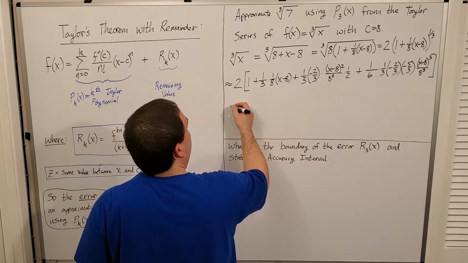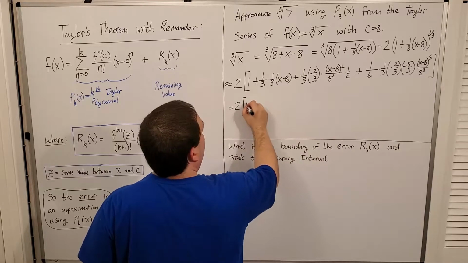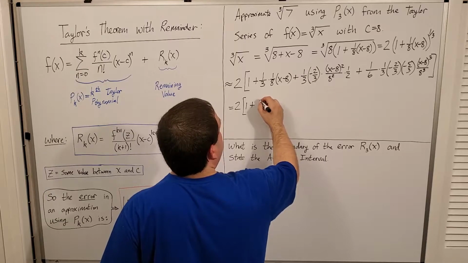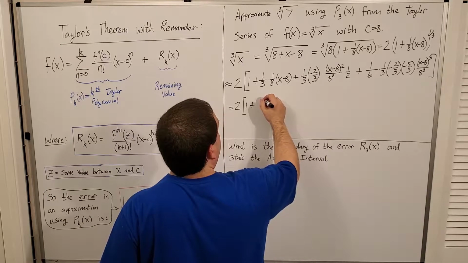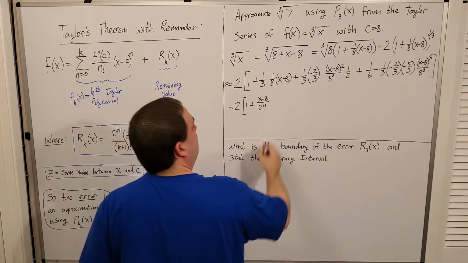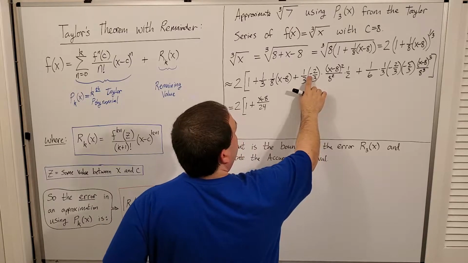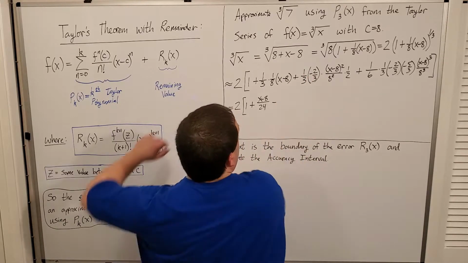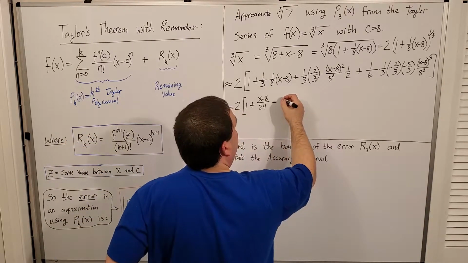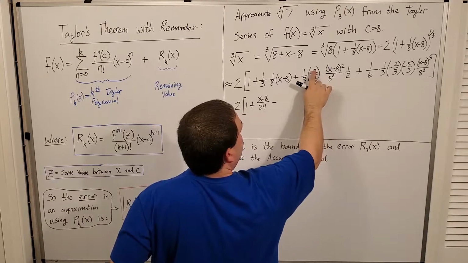Okay, now that is going to be equal to 2 times 1 plus, let's see what I have. I have x minus 8 over 24, plus minus, right? So minus, I've got the 1/2 and the 2 reduce right there.